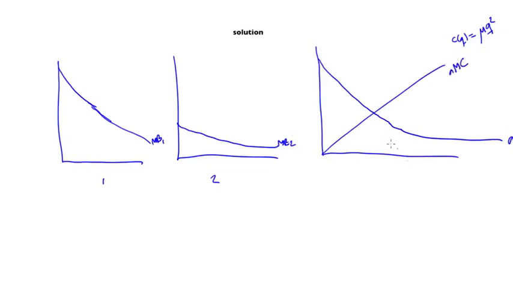Now, if this line is very steep, let's say here, we have that the quantity star is here, and at that marginal cost at the optimal quantity, only individual one gets a positive amount.